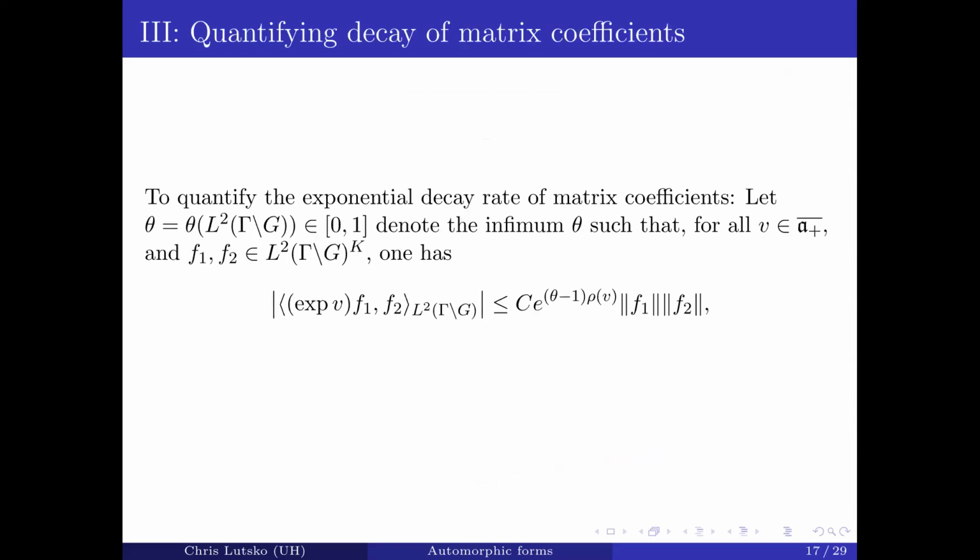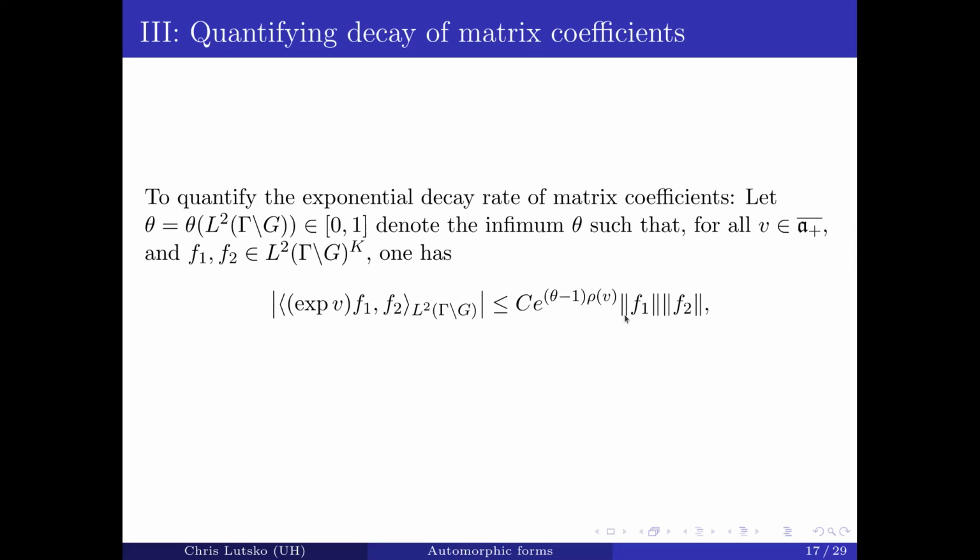Okay. Finally, if I want to quantify exponential decay of matrix coefficients. So before we introduced the matrix coefficients, but I didn't quantify how they can decay. So let's do that now. We take some matrix coefficients of V1 and V2.